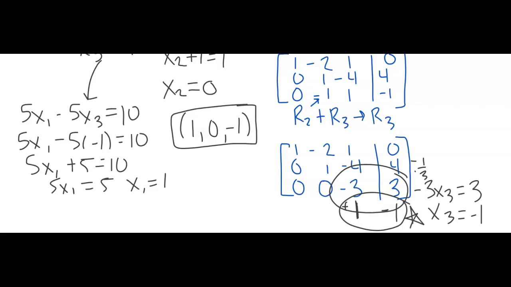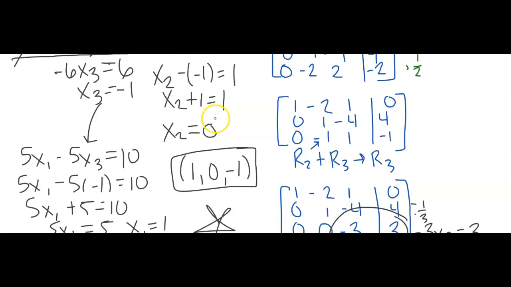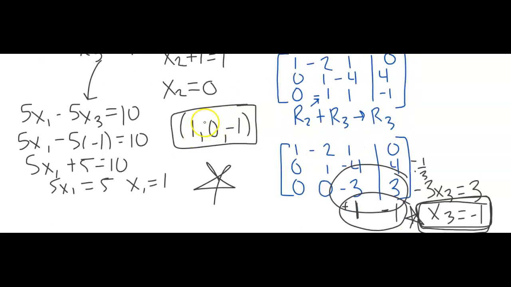More on that in our next section of videos, but know that that's a possibility as well. And then you could back solve this just like we did before. Once you have this one solution, you could go back and back solve to get your full solution here. And that is just an example of how we're going to use those elementary row operations to solve systems using matrices.